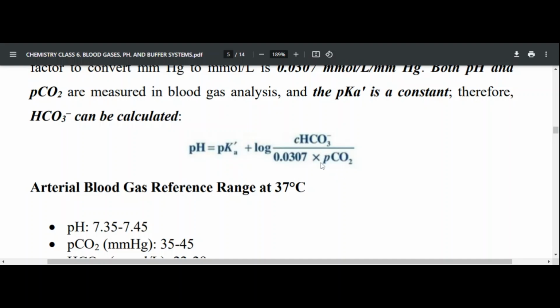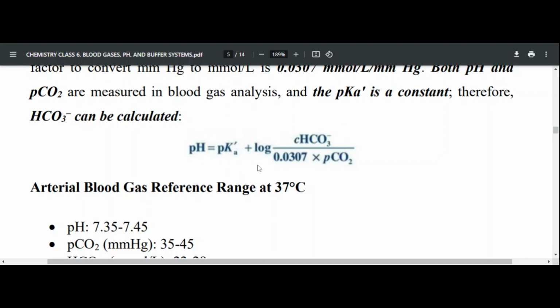We just put partial pressure of CO2. And when you multiply by 0.037, you are converting CO2 in millimeter of mercury to millimole per liter. So using the formula, you can calculate the pH.